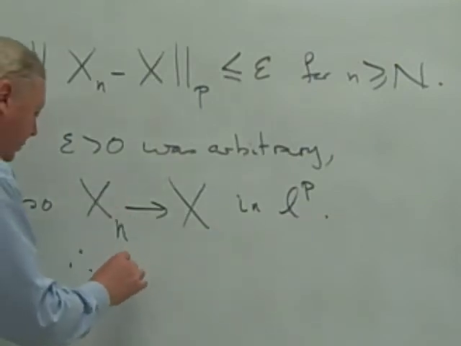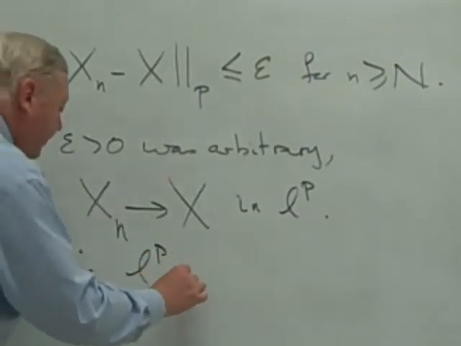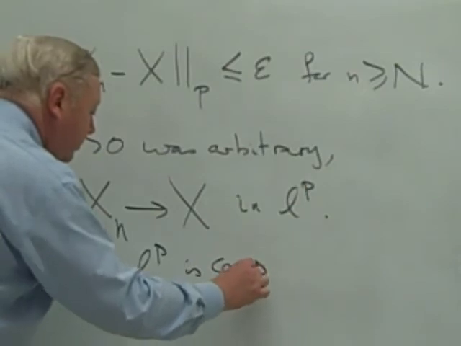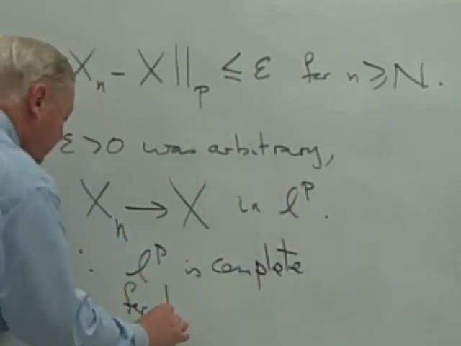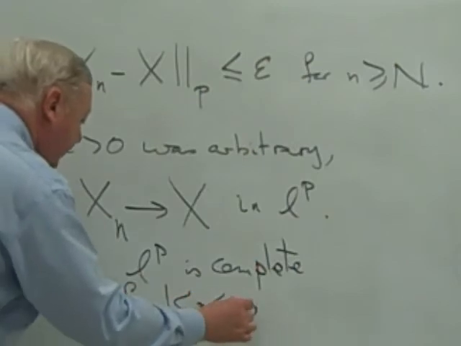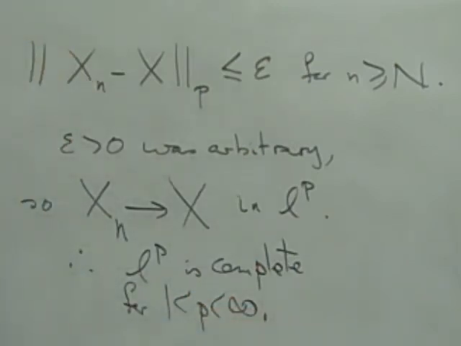That's what we needed, and so little lp is complete. For p between 1 and 2, we already know little l1 is, and we already knew that little l2 was. So that gives the full set.